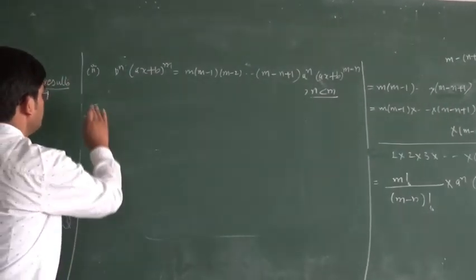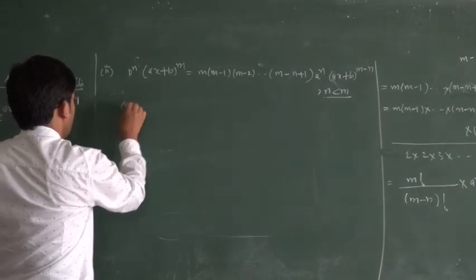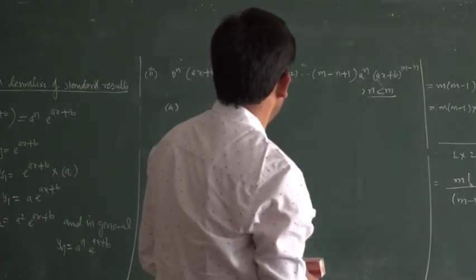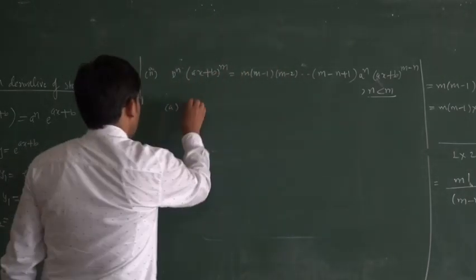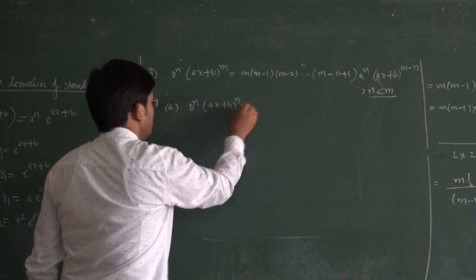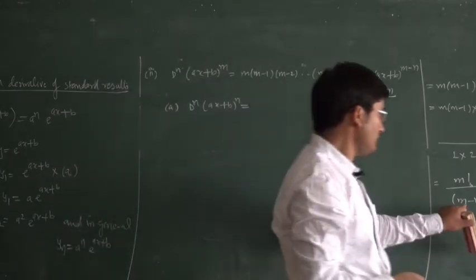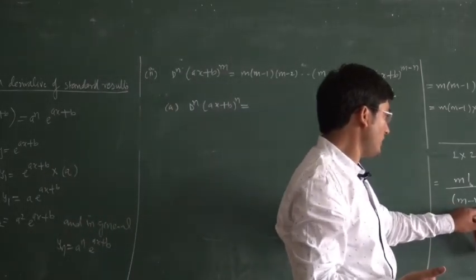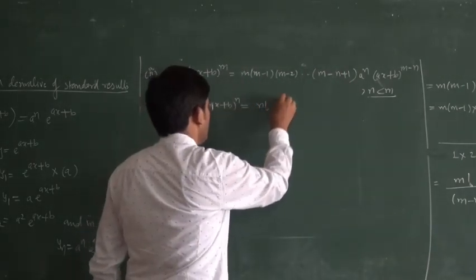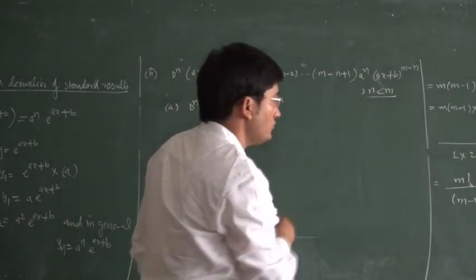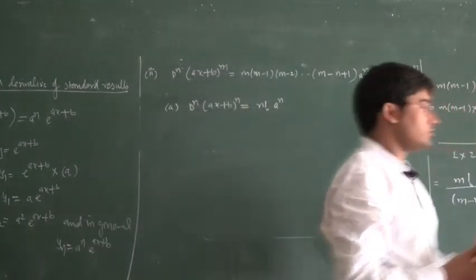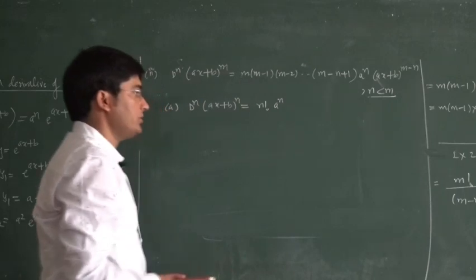Suppose that m is n. If m is n, then this will be factorial 0, which is 1, and this will be factorial n into a power n into (ax plus b) power (n minus n), that is power 0, so the power will be 1.